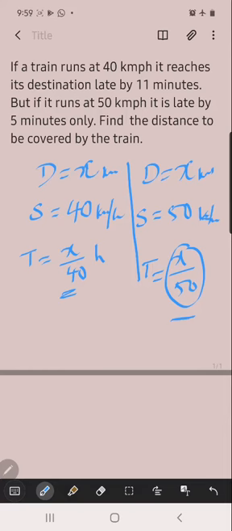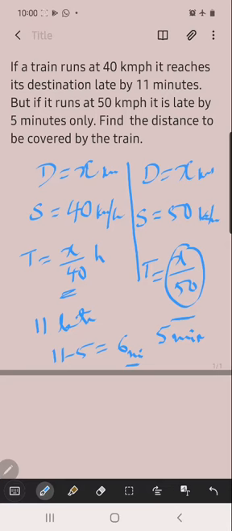But here it is 11 minutes late, and here it is only 5 minutes late. Therefore 11 minus 5, the time difference is 6 minutes.